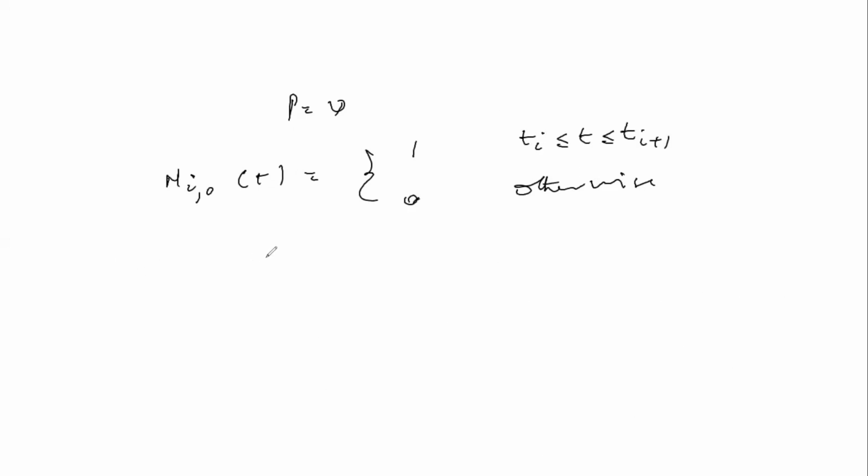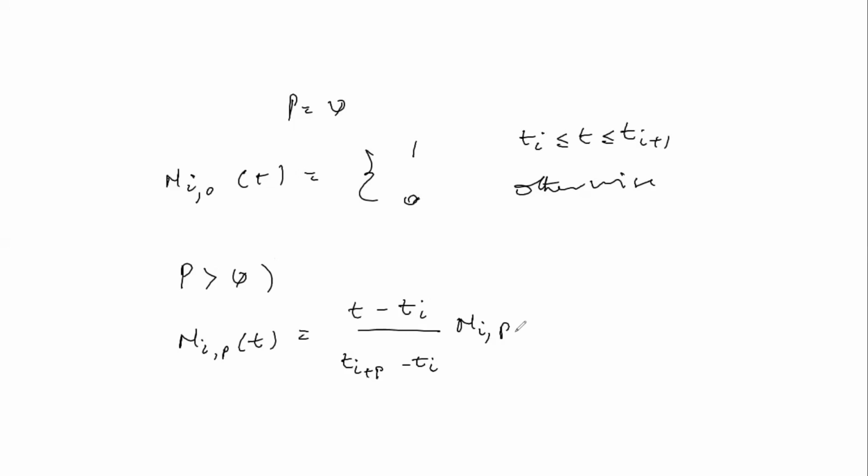And then, if, for instance, we now have to consider the polynomial order greater than 0, then we say N sub i of p of t will be the same as (t minus t sub i) over t sub i plus p minus t sub i, so that N sub i, p minus 1 of t, plus t sub i plus p plus 1 minus t, is the same as t sub i plus p plus 1 minus t sub i plus 1 times N sub i plus 1, p minus 1 of t, okay?